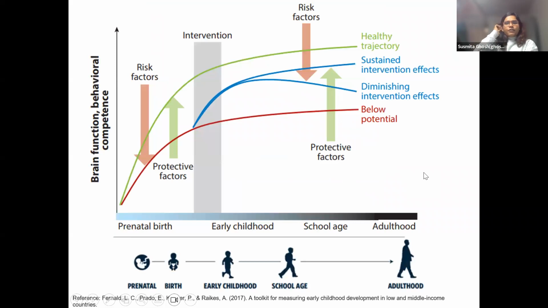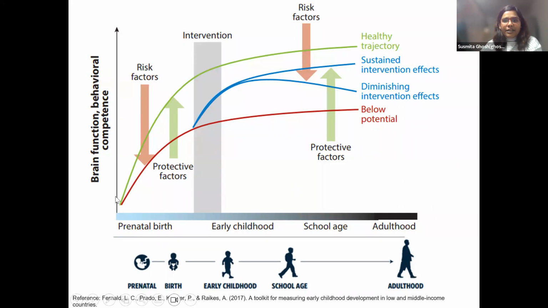In this part of my presentation, I'm going to talk about the interventions, like what is the best period to implement the interventions and what are the interventions that can help to get better developmental outcomes.